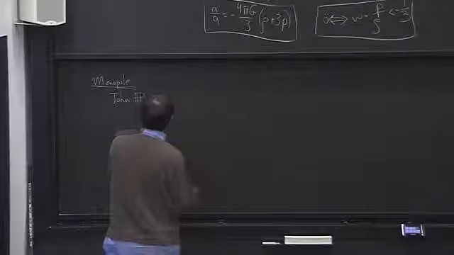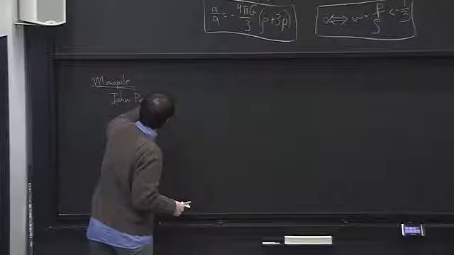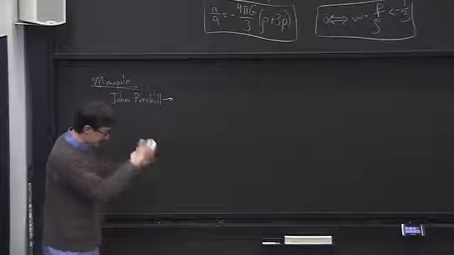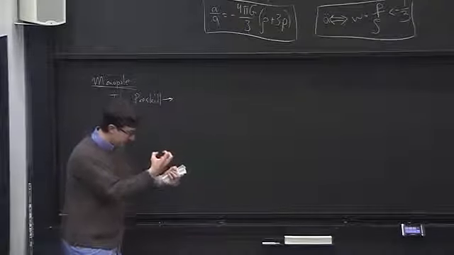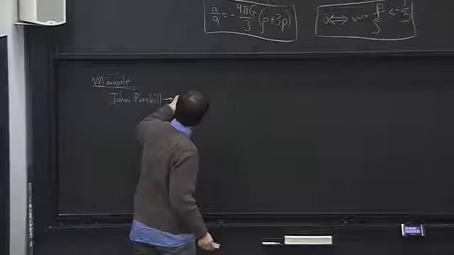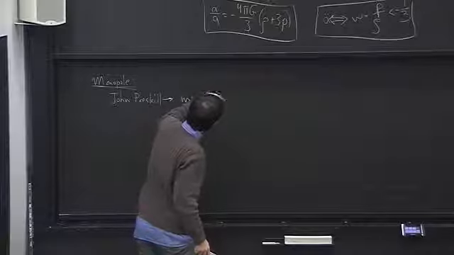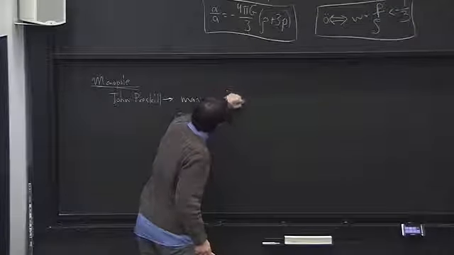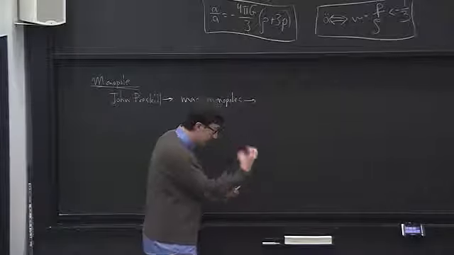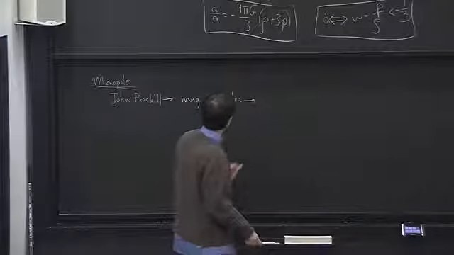And as a result, you end up predicting these stable defects, these stable field configurations that get formed called magnetic monopoles, each of which is then stable, lives for the rest of the universe.